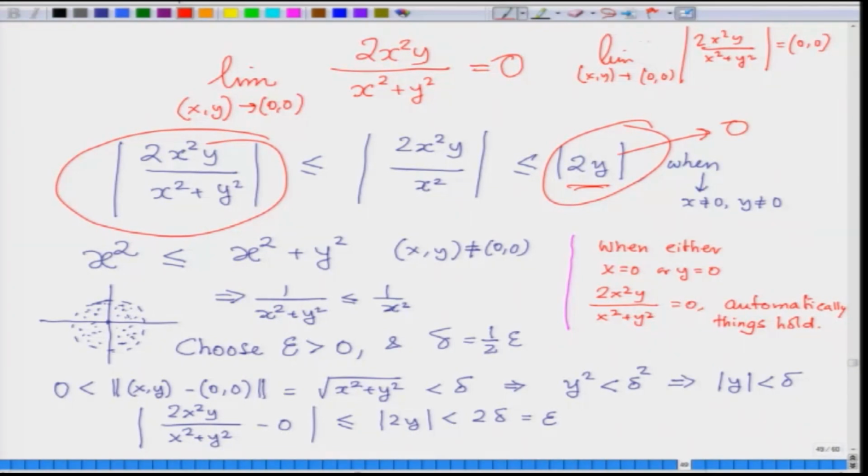So, you can put the limit inside. So, the limit of the mod of that would be 0. Sorry, I am making a mistake, it is not (0, 0), it is 0, a numeric number 0.